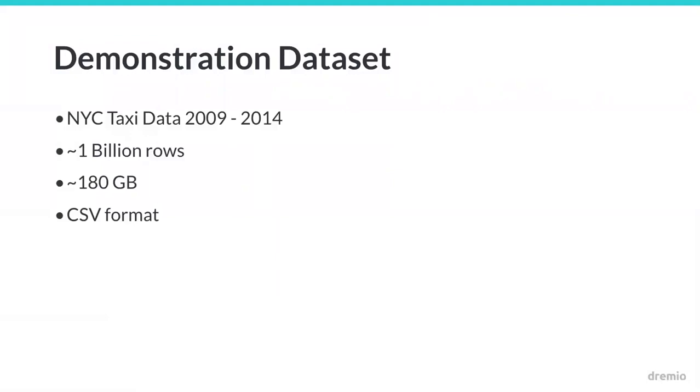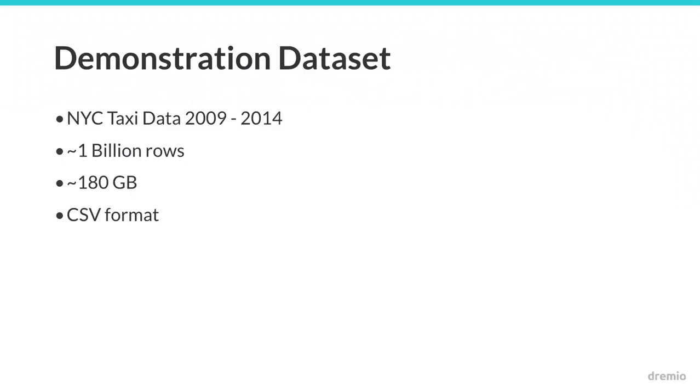Okay, so I want to go into a demonstration now of how these reflections can be used to accelerate your queries. The data set I'm using is from New York City Taxi, and it's the data collected for all the taxi trips from 2009 through 2014.